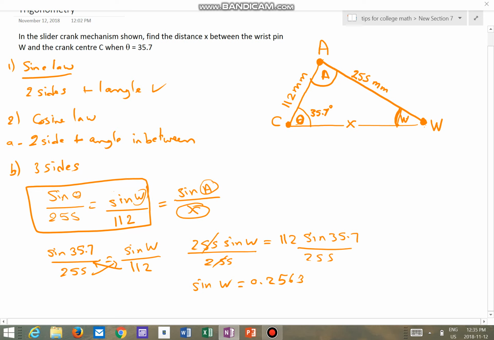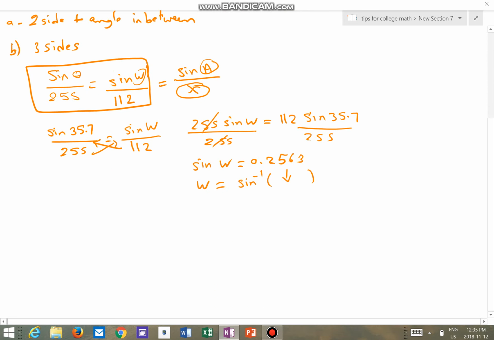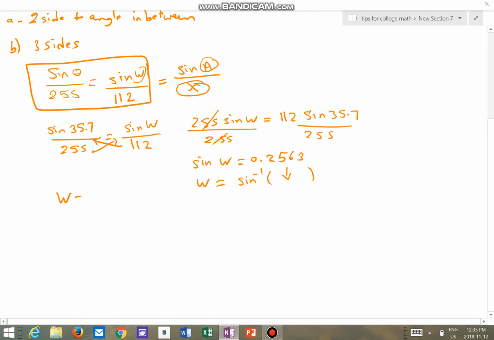If I want to figure out the angle W, I'm gonna say it's inverse sine of that value. Okay, using that you will figure out that W equals 14.9 degrees. If that's the case, how can I find A again?